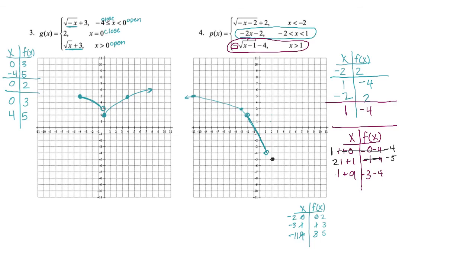And then (10, -7). So now we have that shape. There we go. That's it. My goodness.